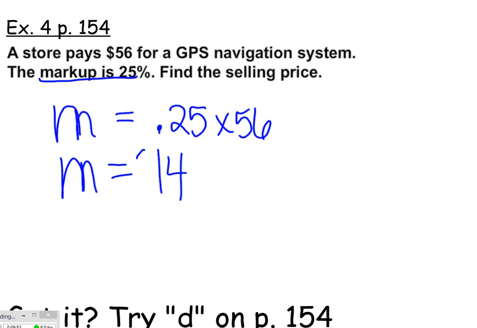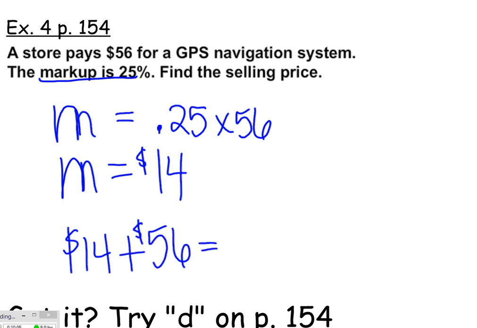If the price goes up $14, then you can add the amount of markup to the amount the store pays. So $14 plus $56 that they originally spent gives you a grand total of $70 that you will spend for this item at the store. So $70 is the sell price.